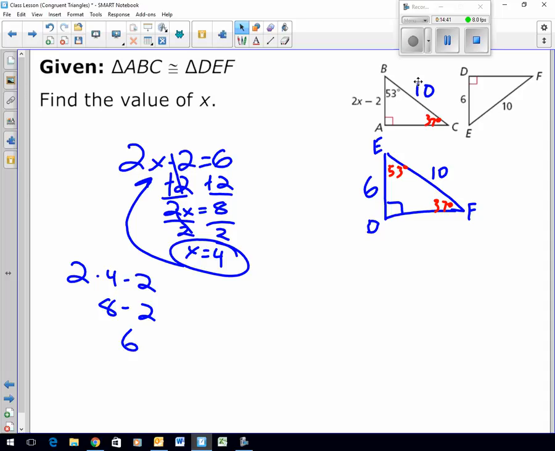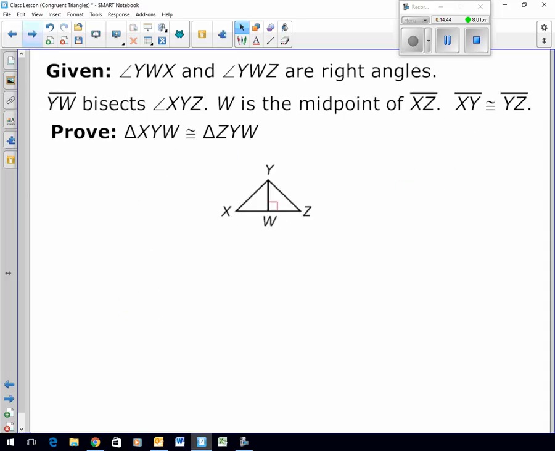Alright. Don't write this one down. Just listen to me as I go through it. Because these are still a thing, they're still out there, and they still exist, and I didn't want you to think that we were totally done with them. Given that angle YWX and angle YWZ are right angles, so I've got right angles here.